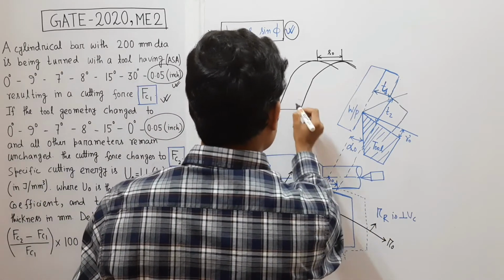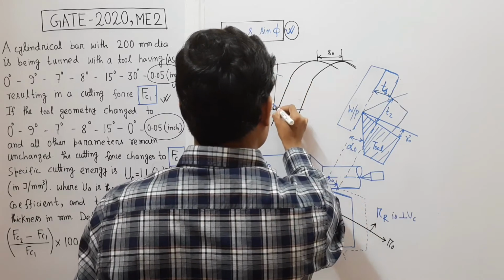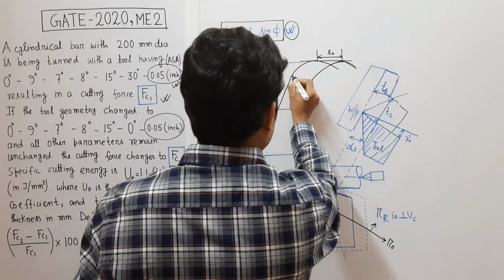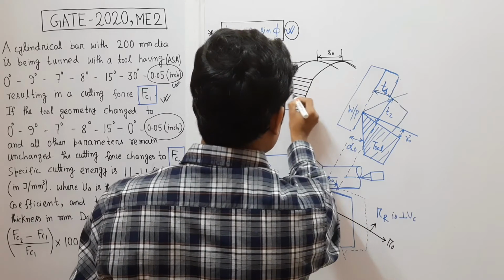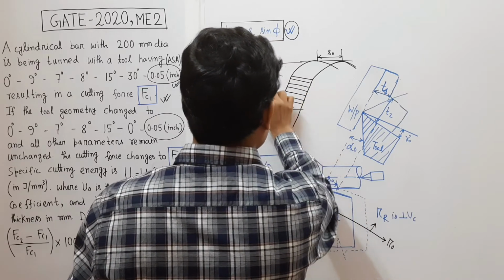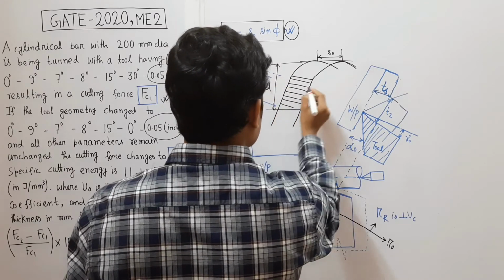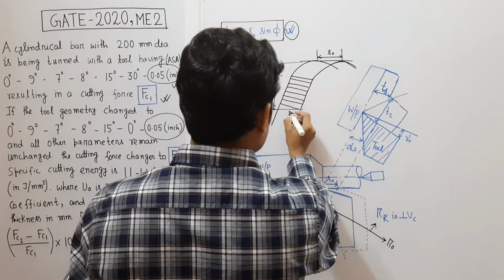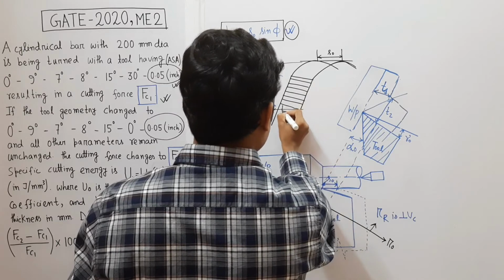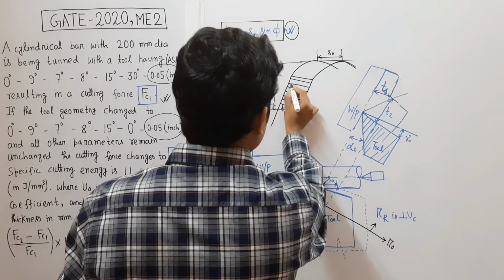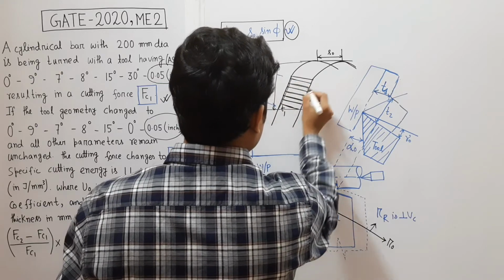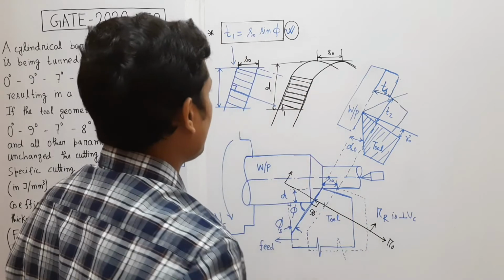Let us consider this is the depth of cut. Now for the straight portion of the tool, the depth of cut is D, T1 is constant. So this is my T1. T1 remains constant as long as the tool has a straight principal cutting edge.